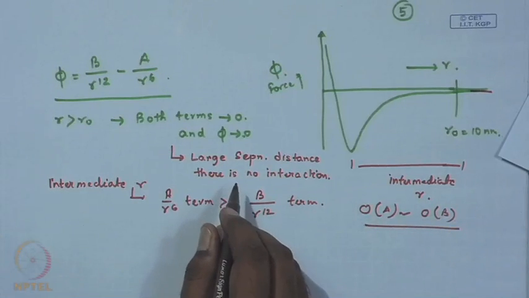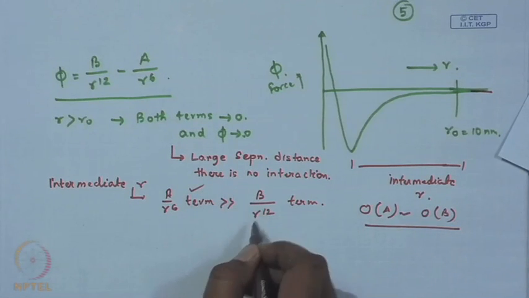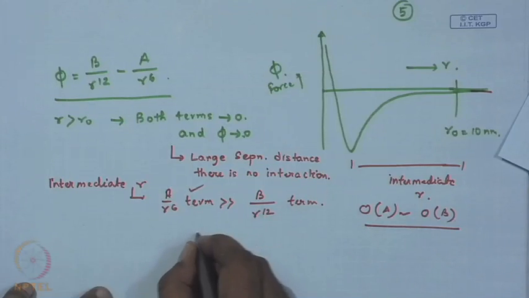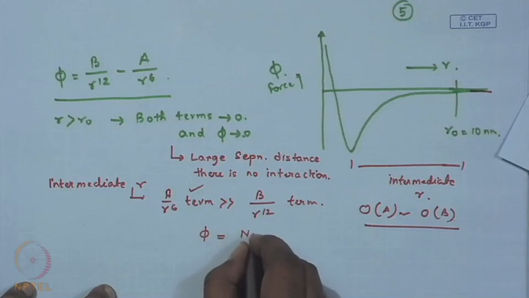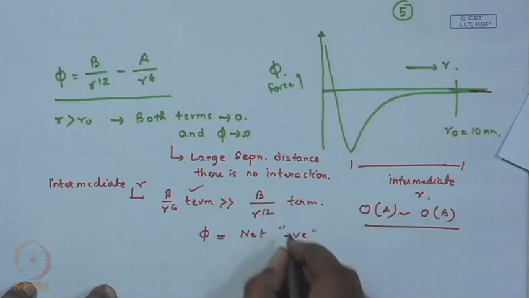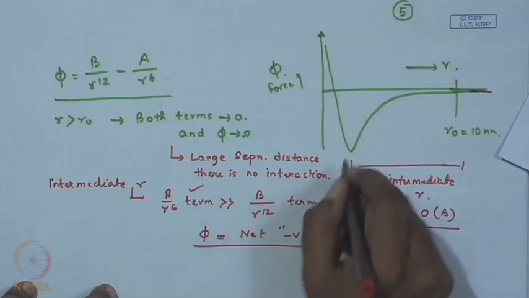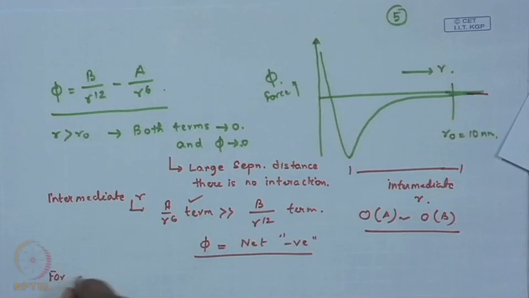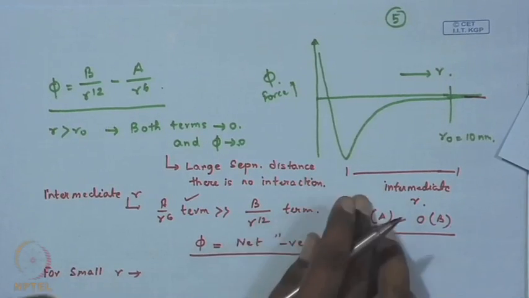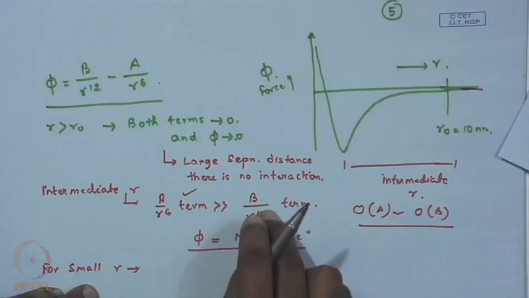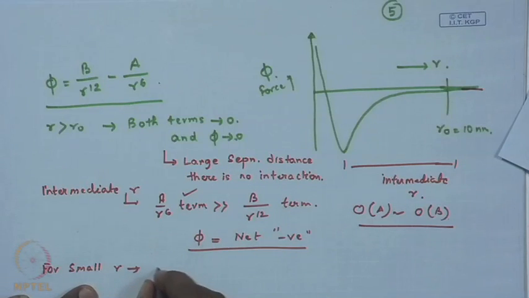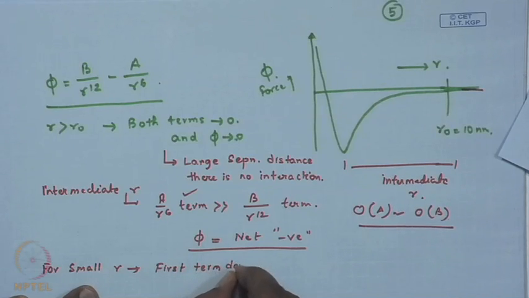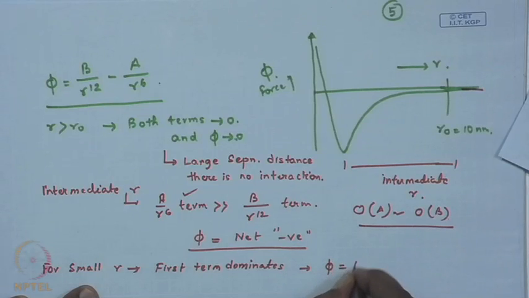So, phi is a net negative and you have an attraction. For very small r, since r is in the denominator, the smaller the value of r, r to the power 12 will start dominating. The first term dominates, and you have phi equal to positive.